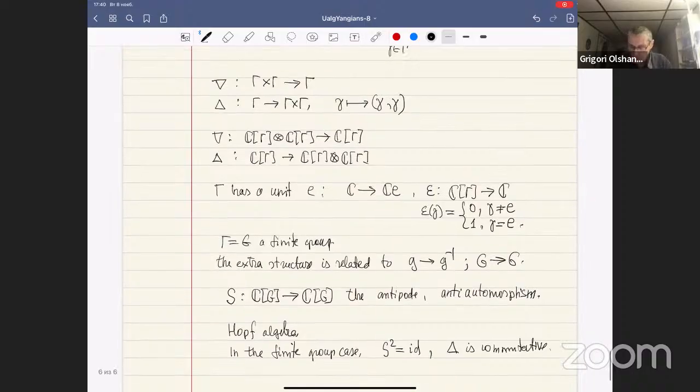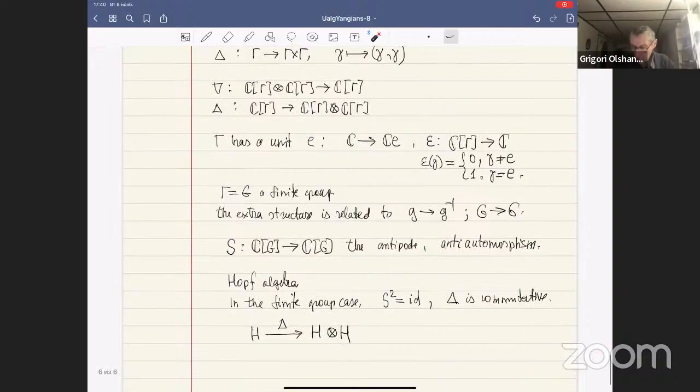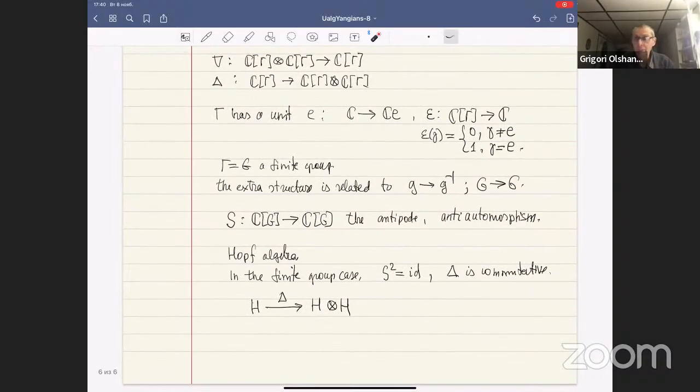In general, if you have some Hopf algebra, the co-product is this map. And co-commutativity means that our delta coincides with its image, which is obtained after swapping these two factors. But in this case, we have evidently commutativity.